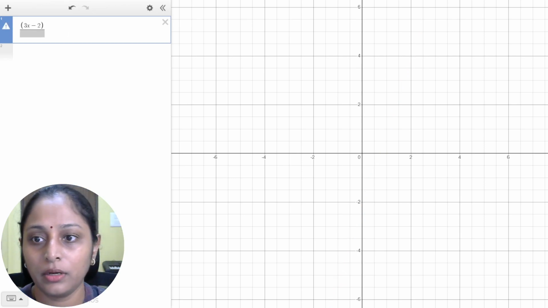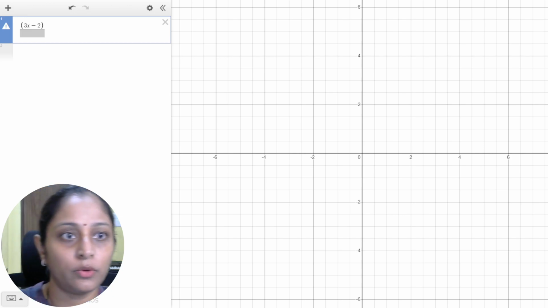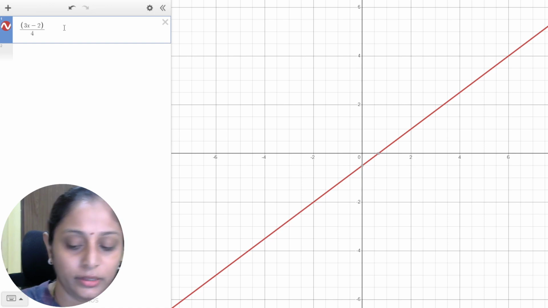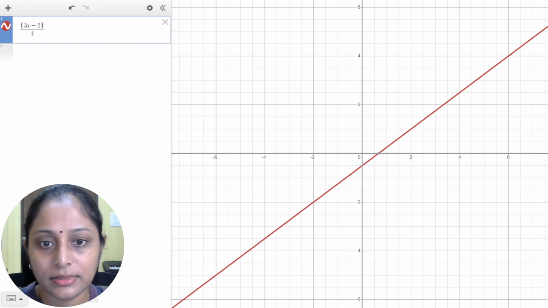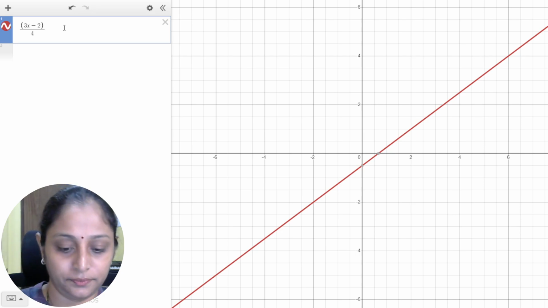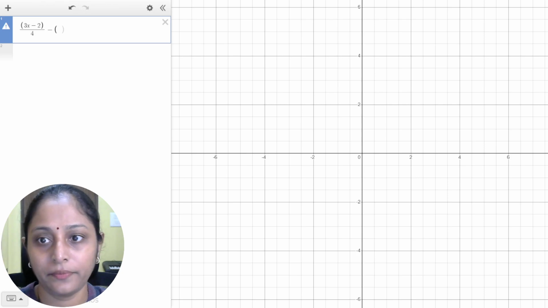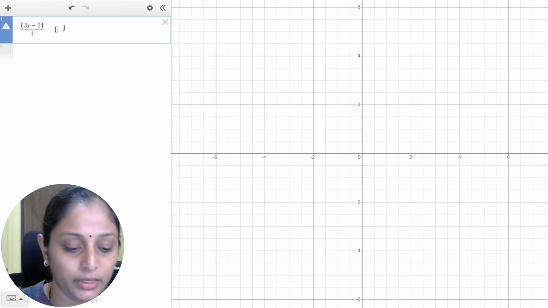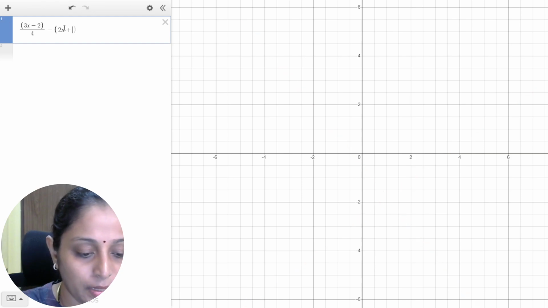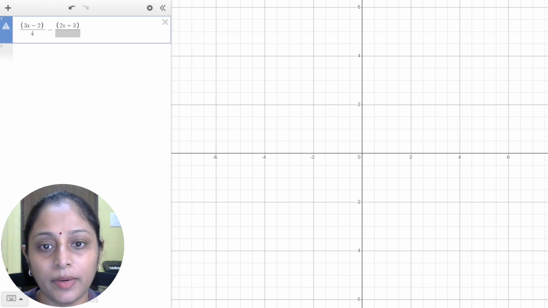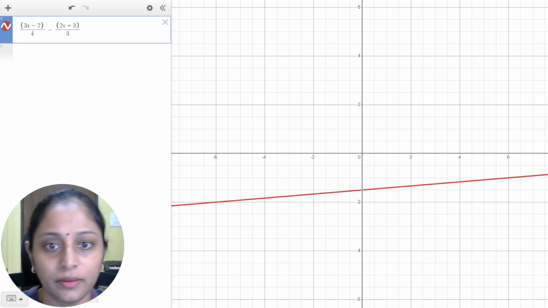3t minus 2 by 4, okay. So I have to put 4 here in the denominator. Next term is minus, again open the bracket, 2x plus 3, close the bracket, divided by 3.